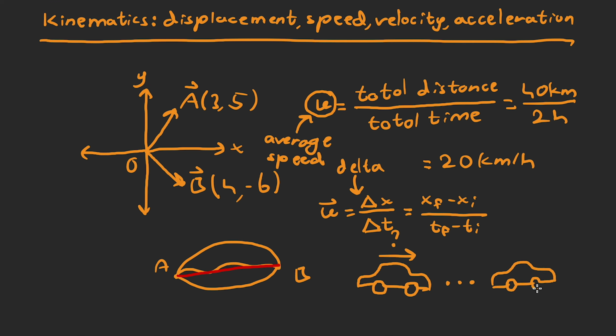If this is the first frame, A, and this is the second frame, B, to calculate the speed, you need to first calculate the distance, or displacement if you're calculating velocity, and you need to measure the change in time.